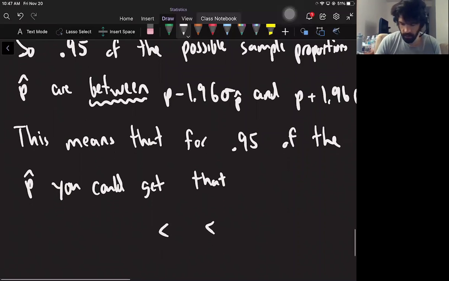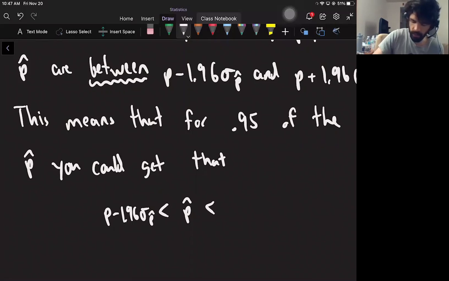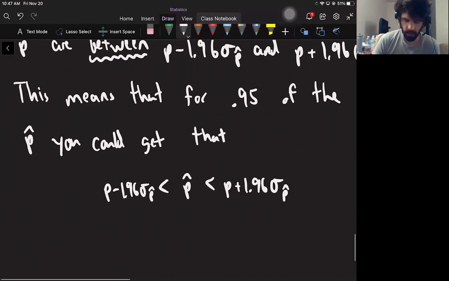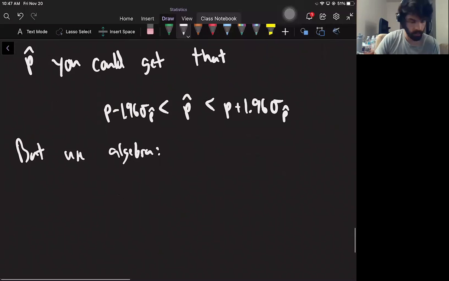Between just means that it's greater than the left one and it's less than the right one. So this is really what we're saying when we say that it's between these two numbers. But then with some algebra that you may or may not remember, you could solve for the proportion being in the middle instead of the sample proportion.